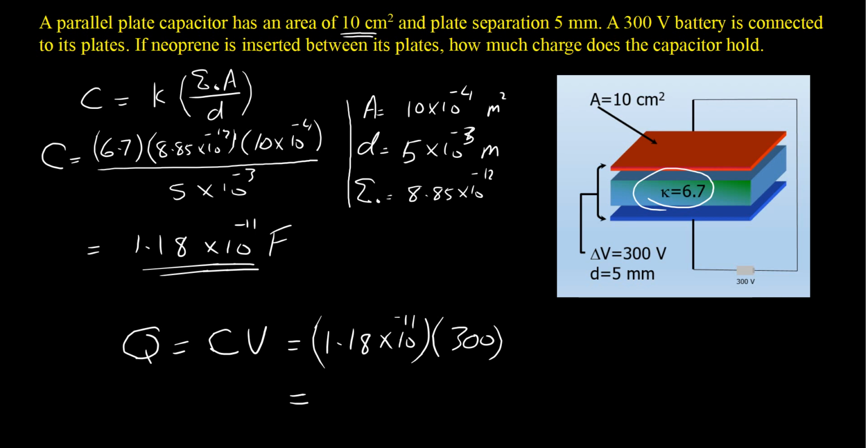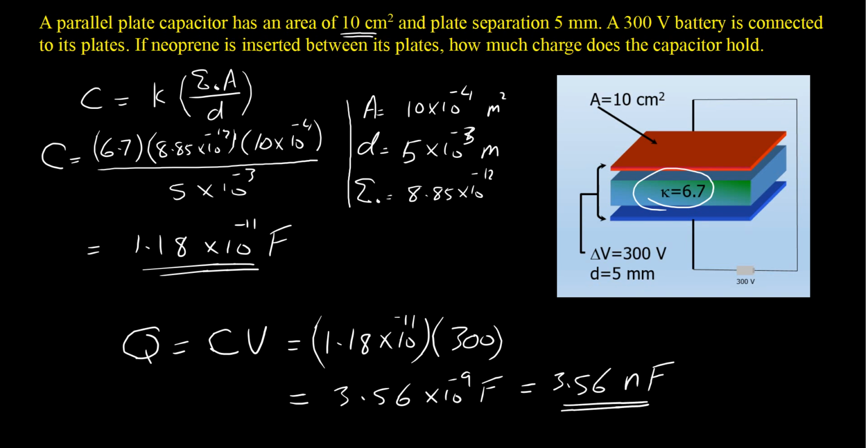Once again, do some calculation. So 300 times that will give us 3.56 times 10 to the power minus 9, or you can say it is 3.56 nano.